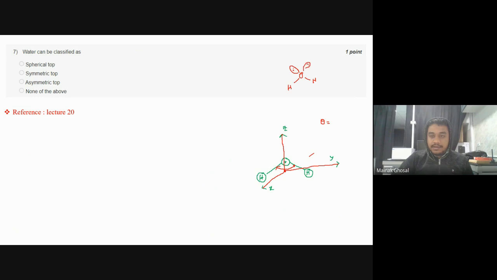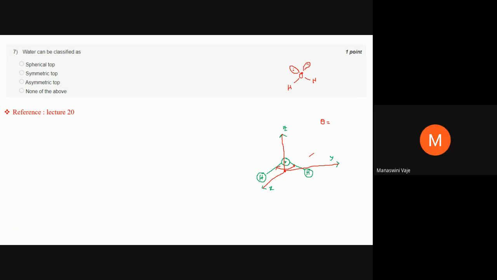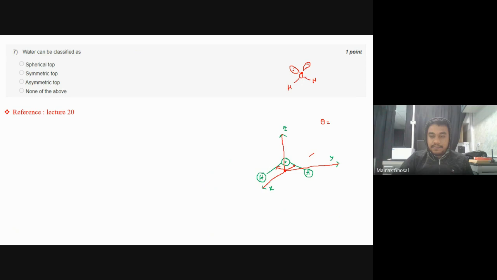Correct. This is the correct structure of water.